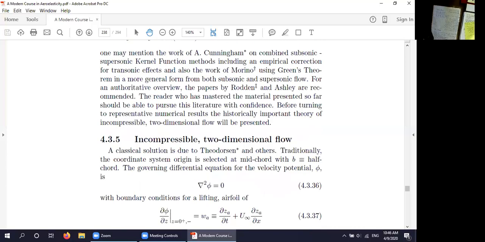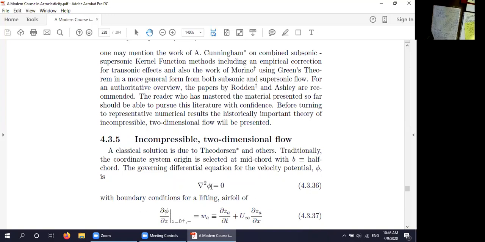The other thing I will say, there's a classical solution due to Theodorsen. This was the first of the important developments in unsteady aerodynamics. He has a method which uses complex variables, and in incompressible flow, we only need to solve Laplace's equation.